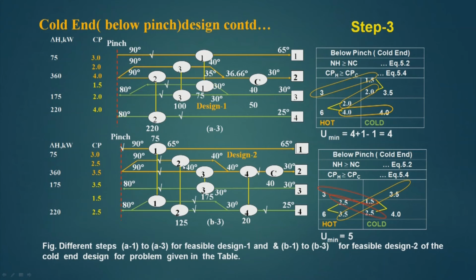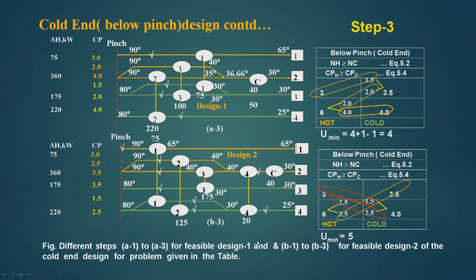so we have passed here 75 kilowatt and we have ticked up this. So, if I pass 75 kilowatt here, the remaining energy is 125 kilowatt plus 20 kilowatt, because this is 75.